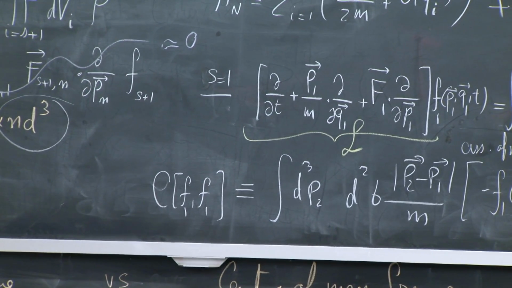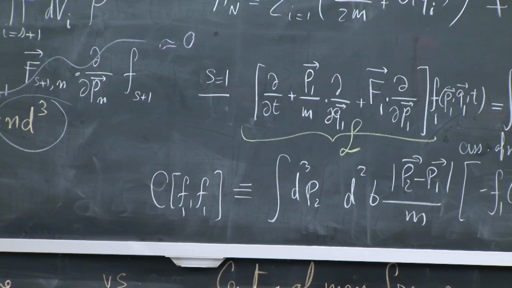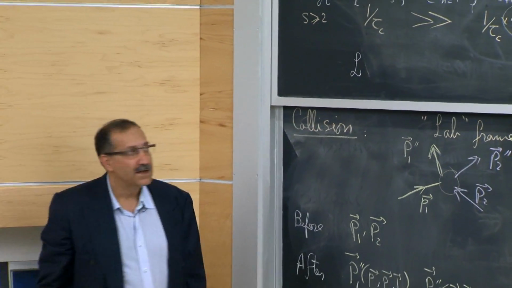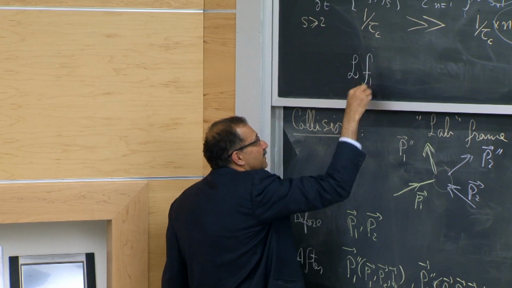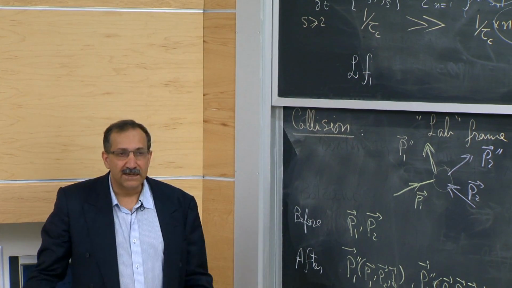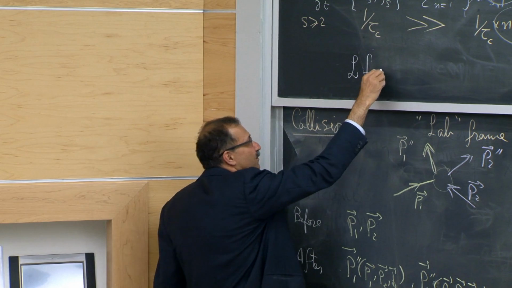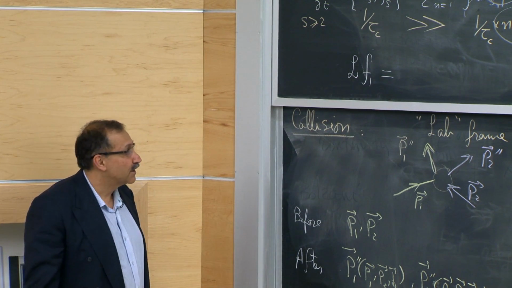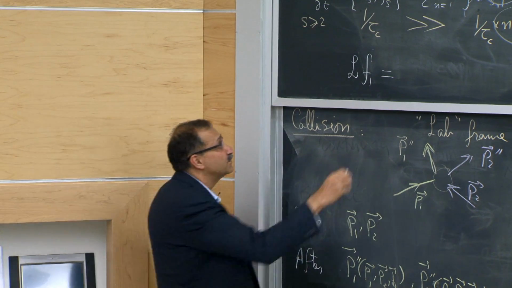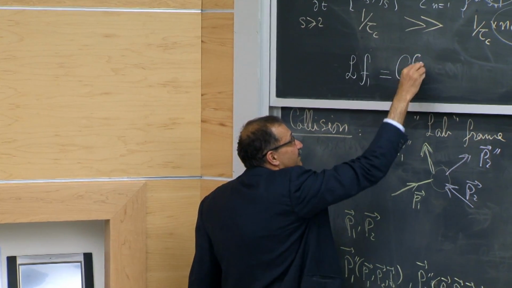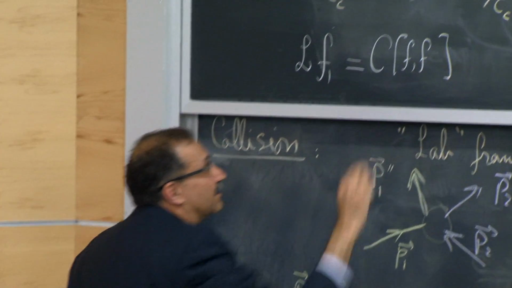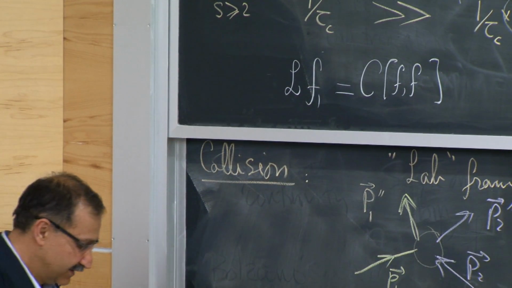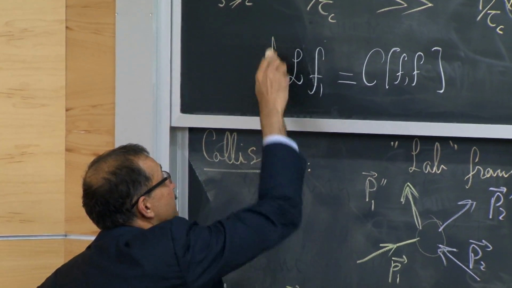It's kind of like a Liouville operator. So I have an equation that is the bunch of first derivatives acting on F1, which is essentially a linear partial differential equation in 6 or 7 dimensions, depending on how you count time, equal to a nonlinear integral on the right-hand side. Okay? So this is the entity that is the Boltzmann equation.